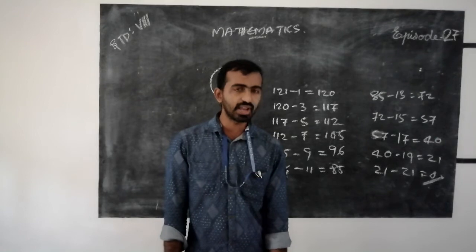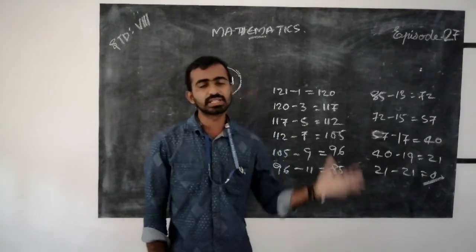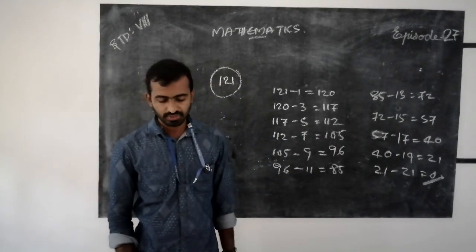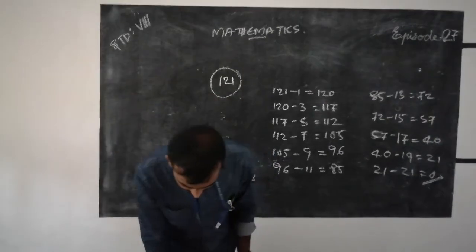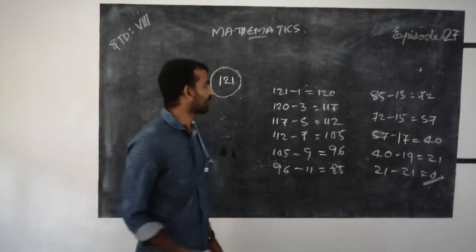So this is the way to find a perfect square. This was an example. Now, in your textbook, 12 is the number.